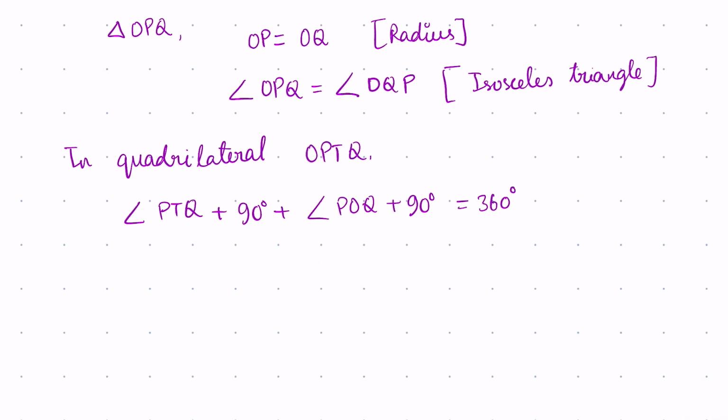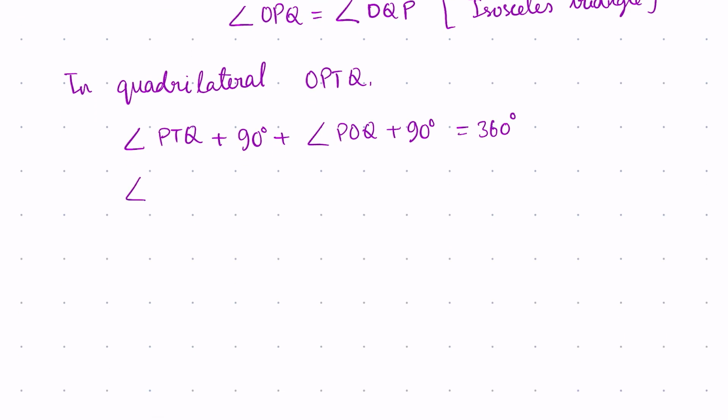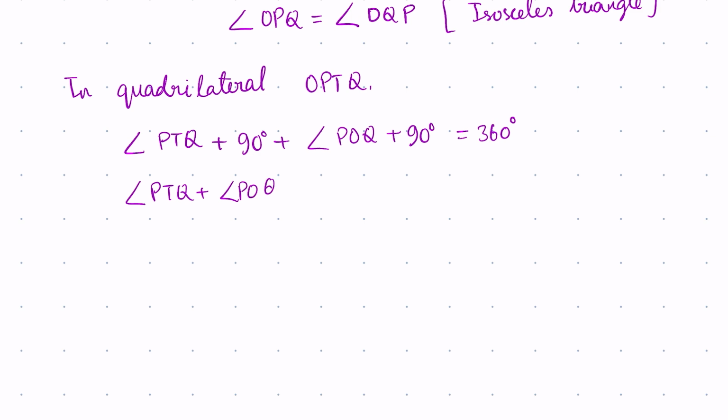That's just the angle sum of a quadrilateral. So we get angle PTQ plus angle POQ is equal to 360 degrees minus 180 degrees. So that's just 180 degrees.